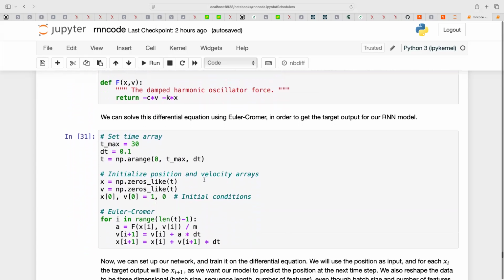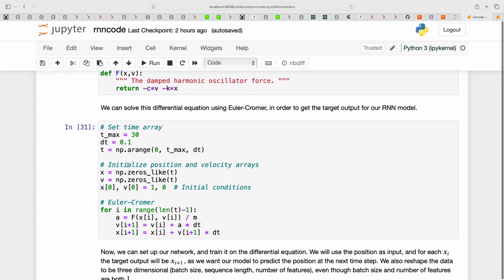In here, we can then use the Euler-Cromer method. So instead of me giving you observations, I'm now taking the solution of a differential equation with the Euler-Cromer method as my observation. And what I want now is to have my recurrent neural network train on this data and make a prediction.